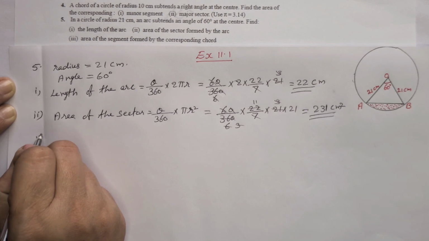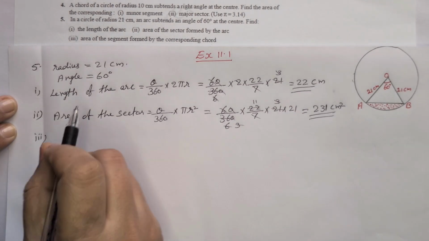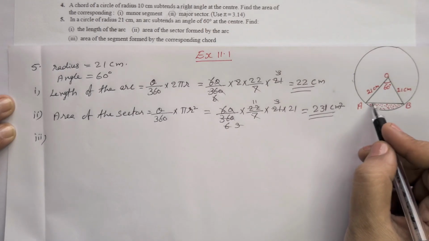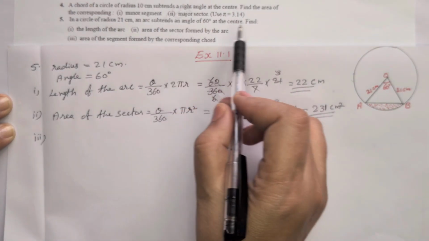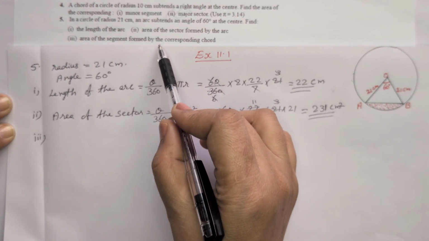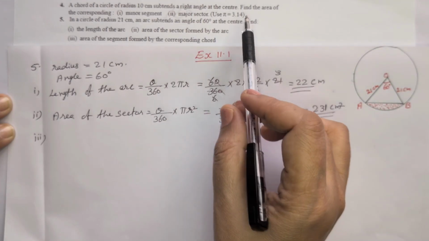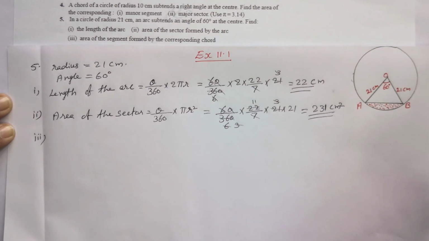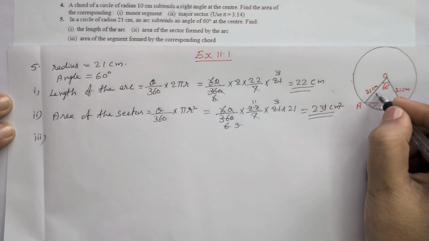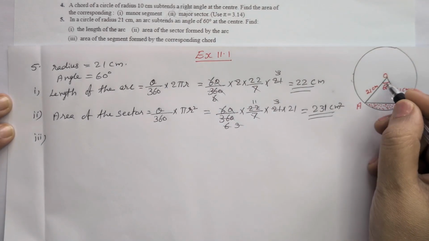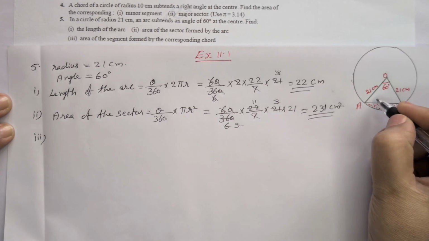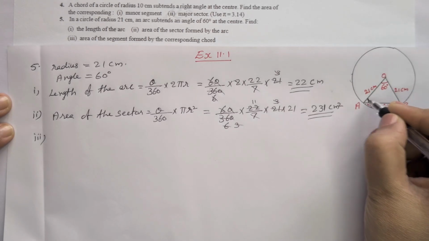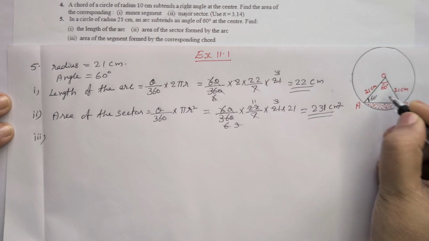Now third part, area of the segment formed by the chord. AB is the chord. And here area of the segment formed by the corresponding chord. We know that these two sides are equal, 21 centimeter as the radius. Then here 60 degree, then the remaining angles, that also will be 60 degree by angle sum property.